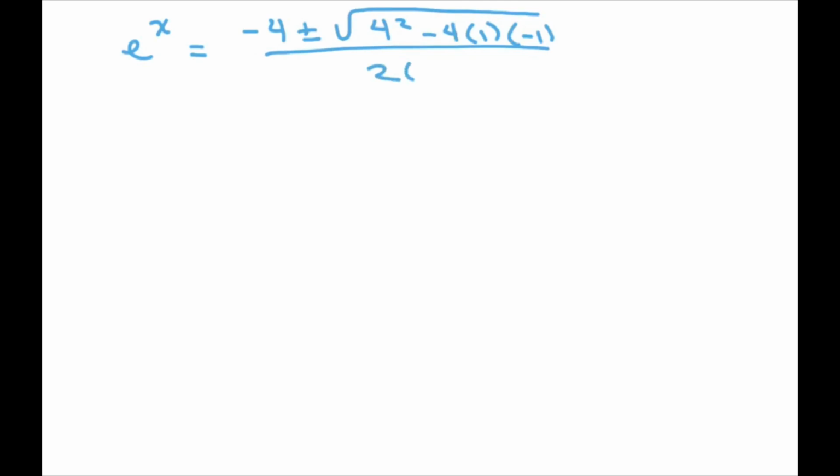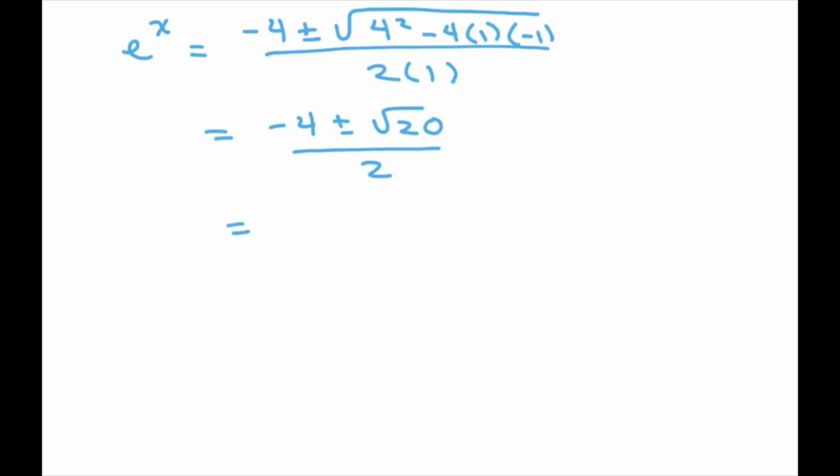So we're going to plug all that in, and we're going to get e to the x, which was our w, is negative 4 plus or minus square root of 4 squared minus 4 times 1 times negative 1, all divided by 2 times 1. And simplifying this, we get negative 4 plus or minus square root of 20 divided by 2.